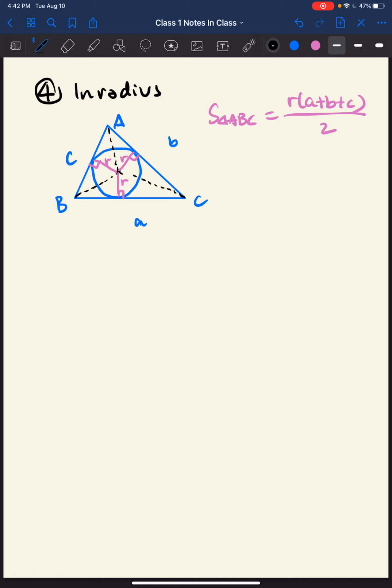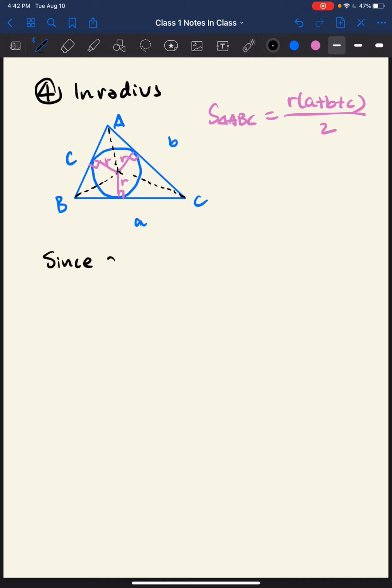So here's a little knowledge about a triangle's inradius. An incircle is basically a circle that is inscribed in triangle ABC. So all three sides, AB, AC, and BC, are tangent to the circle.